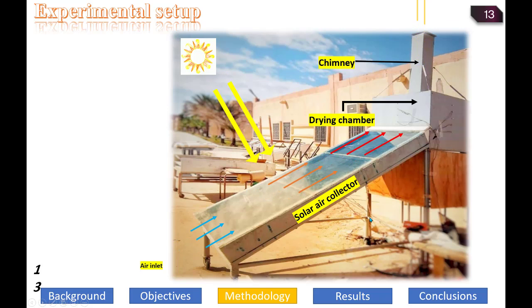The experiments have been carried out in an indirect type solar dryer, which contains a solar air collector, drying chamber, and chimney. The food inside the drying chamber is heated passively via the hot air supplied by the solar air collector, not by direct exposure to sunlight.